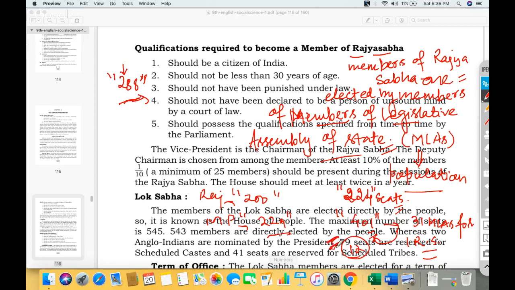That is fixed. So total number of seats from UP is nearly 33 or something. If you add all these numbers, this adds up to 245.